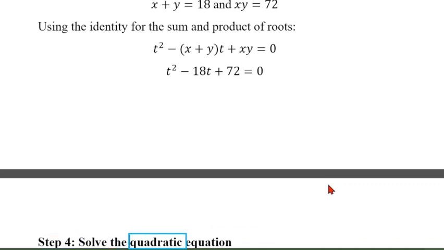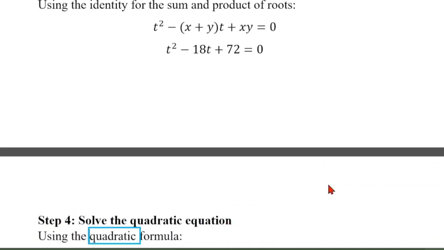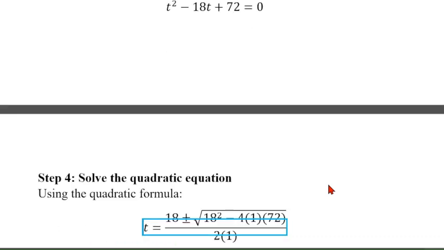Solve the quadratic equation using the quadratic formula. t equals 18 plus or minus the square root of 18 squared minus 4 times 1 times 72, over 2 times 1.